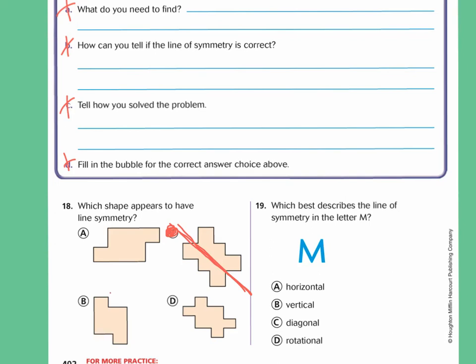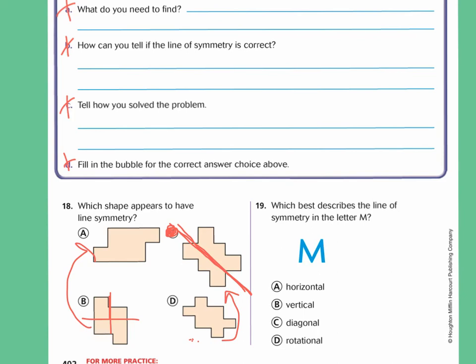If I do a horizontal line there, that shape doesn't work. And this shape is the same thing as that guy, just turned sideways. And then this one right here, it looks like D, but it's slanted. So letter D looks like C, but it's slanted. So I think C is our best bet for a diagonal line of symmetry.